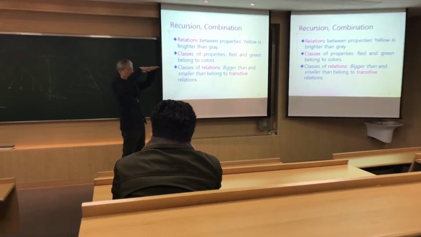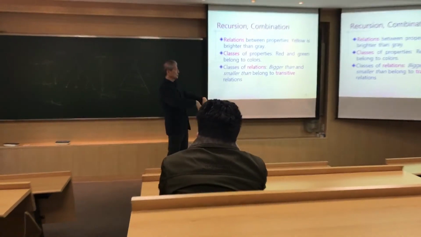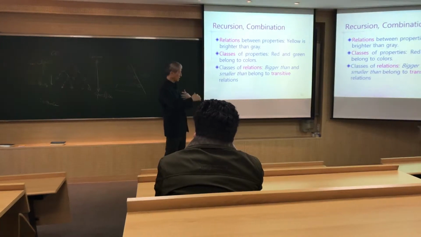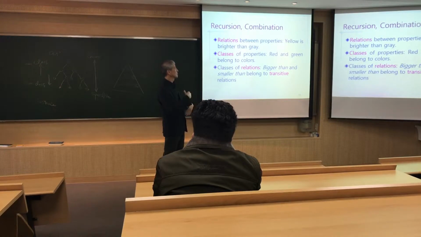So color is higher level and includes subclasses like red and green, subclasses of colors. And also there are classes of relations. Bigger than and smaller than is a class of transitivity relations.